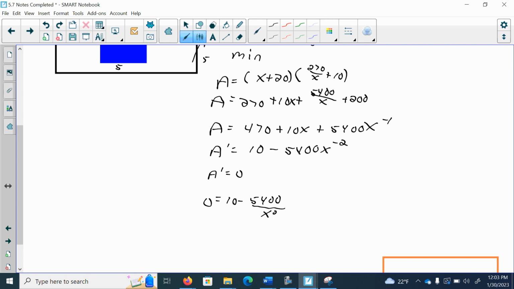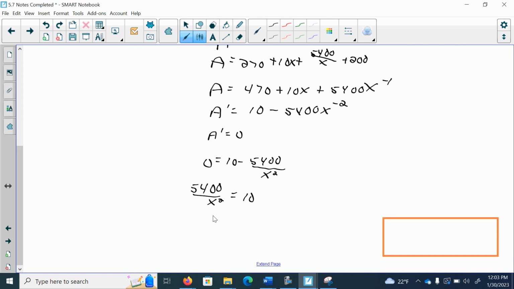I'm going to add this to the other side. So I'm going to say 5,400 over x squared is equal to 10. Multiply both sides by x squared. So I'm going to have 5,400 is equal to 10 x squared. Divide both sides by 10.